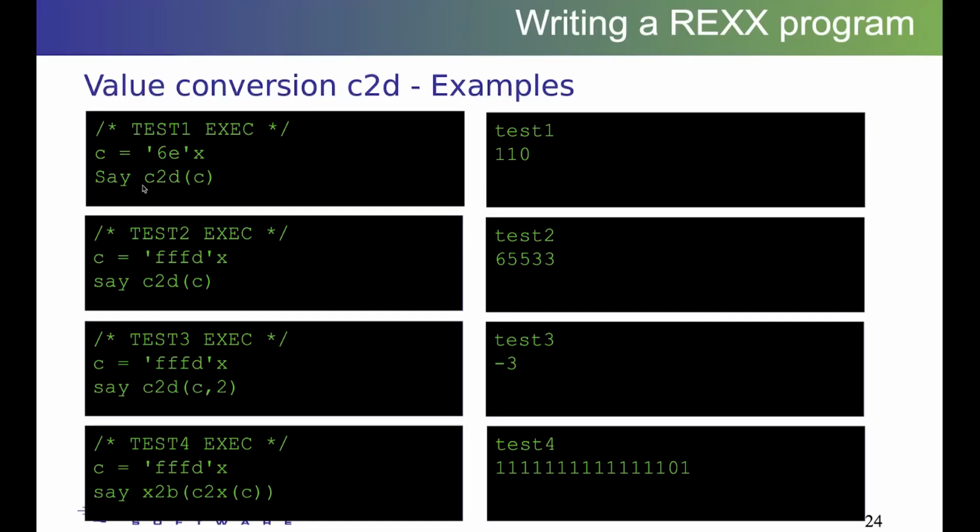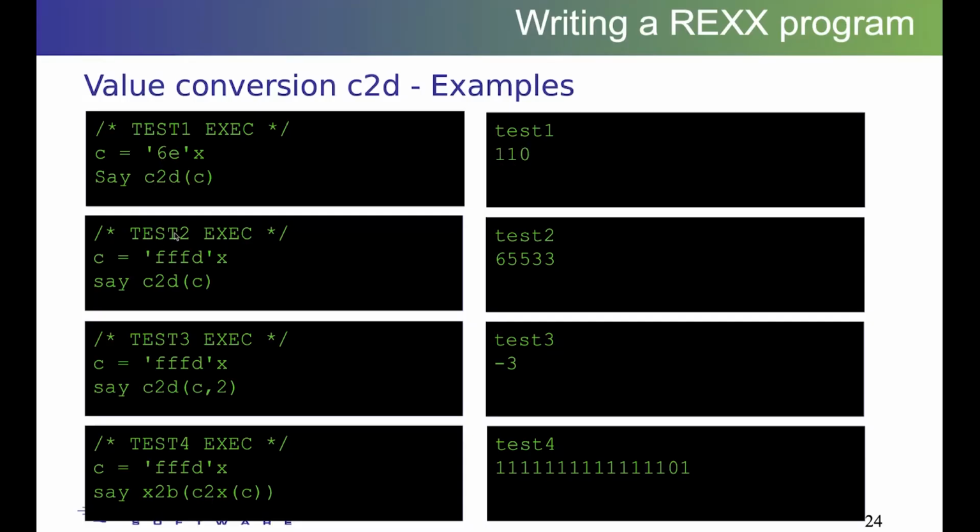The say command will convert that character, this is 1 byte, to decimal. So it's going to convert this to whatever its decimal value is. And when we run the program, we get 110. A 6E in hex is 110 in decimal.